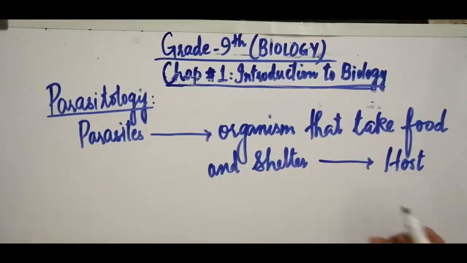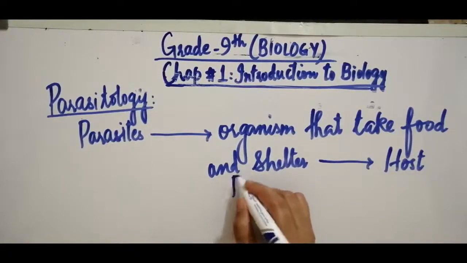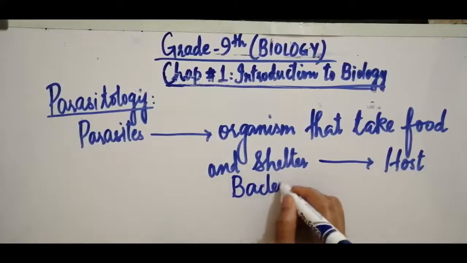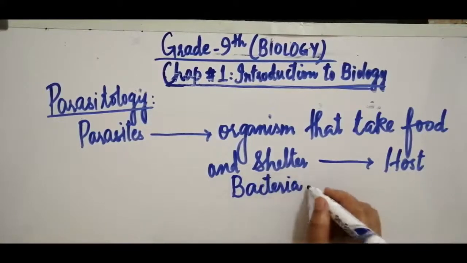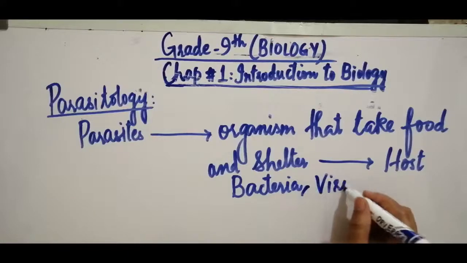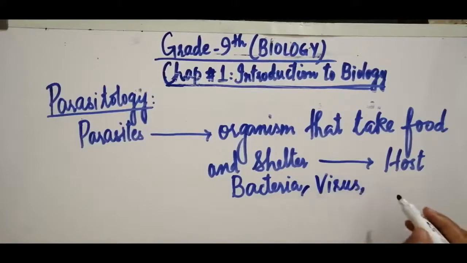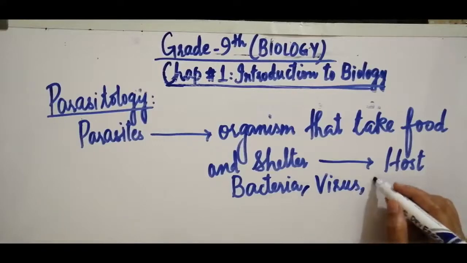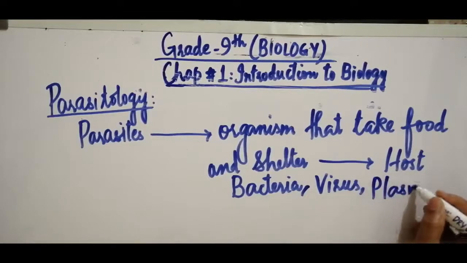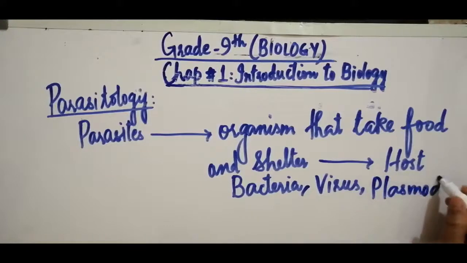Some examples of parasites are bacteria, viruses, and one of the most common causes of malaria, that is Plasmodium, which is present in the female mosquito called Anopheles.